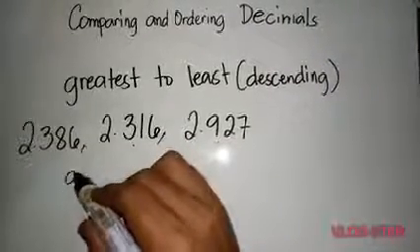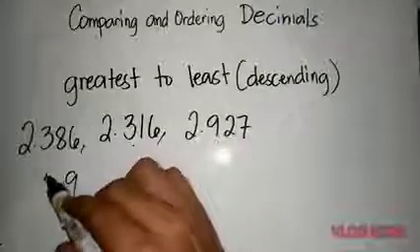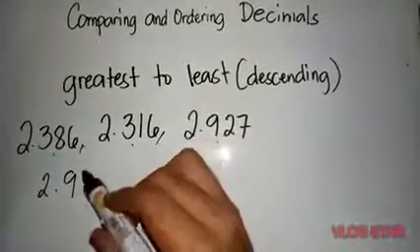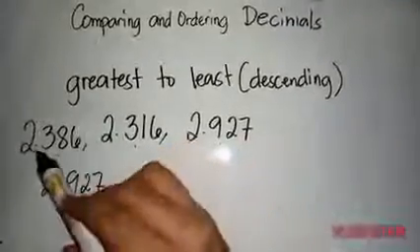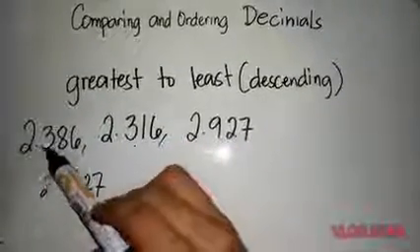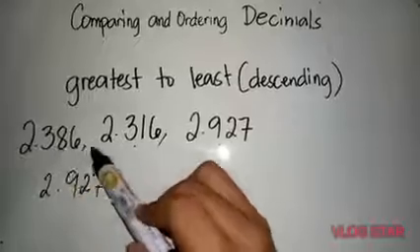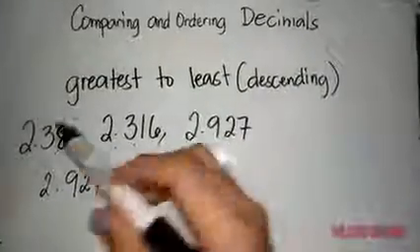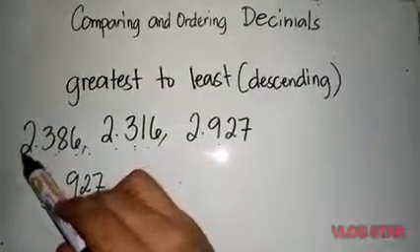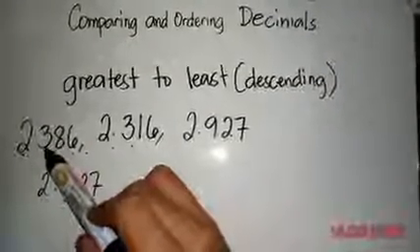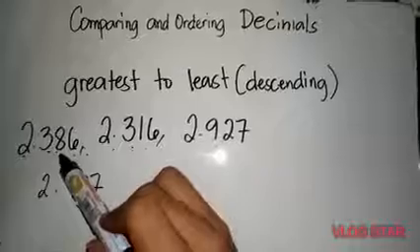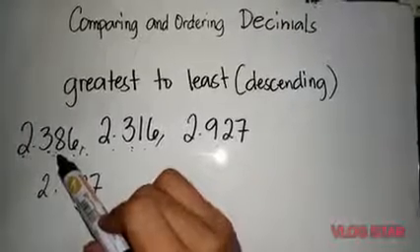So that would be the first number in the list. Next, we only have two now, 2.386 and 2.316. We're done with the ones digit in the whole part and the tenths digit in the decimal part. So let's proceed to the hundredths digit.